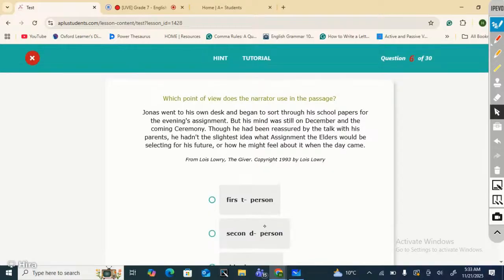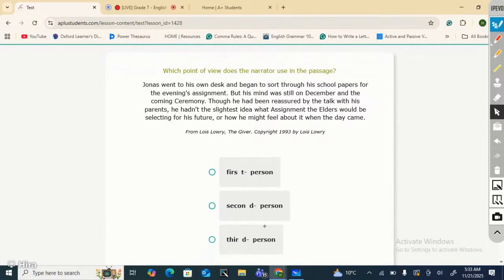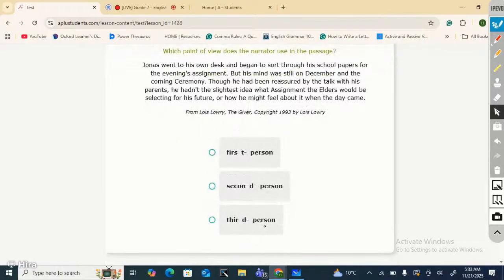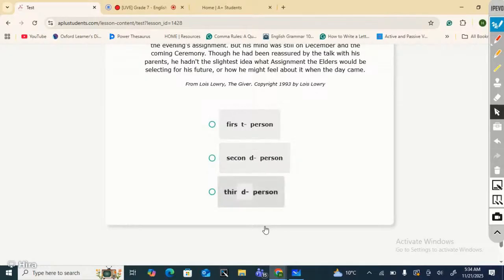Well, look at the names and the third person pronouns, his, he. These are used, and the name is Jonas. What does it suggest? It suggests that it uses the third person point of view.